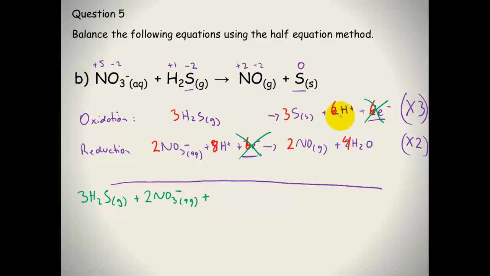I've got 8 on this side and I've got 6 on this side, so I can make this 2 hydrogens. Don't forget your states. Plus 2NO gas plus 4H2O liquid.